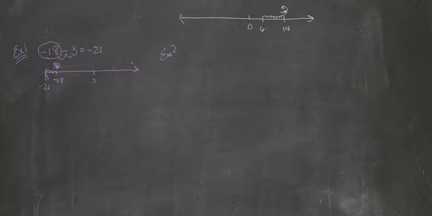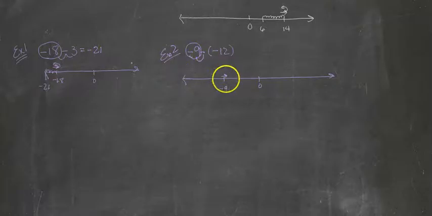So example 2. Negative 9 minus negative 12. There are a bunch of minuses on this one. All right, well, that's easy enough. I either draw or visualize that I start at negative 9 because that's the first number I'm dealing with. Always assume you're going to get to go in the right direction, but a negative says to turn around, and another negative says to turn around again, and now I have a number that tells me how many times to bounce.